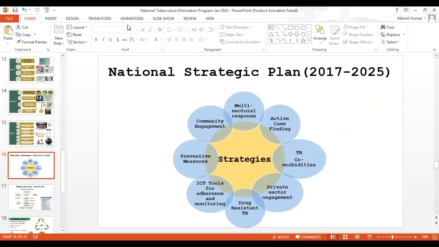This strategic plan talks about community engagement, multi-sectoral responses, active case finding, TB comorbidities, private sector engagement, drug-resistant TB, digital tools for adherence and monitoring, and preventive measures.